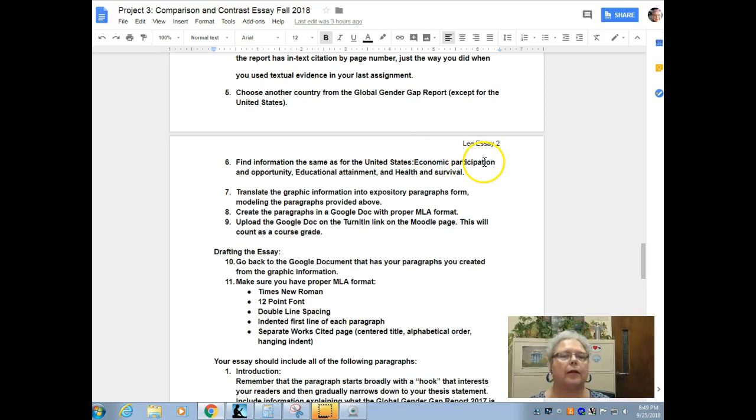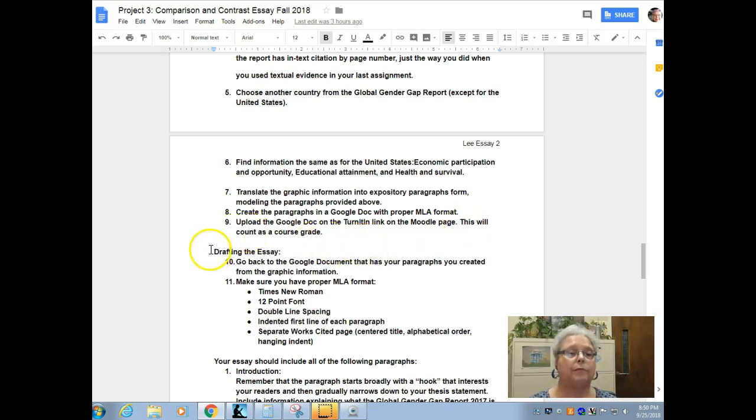You're going to look for economic participation and opportunity, educational attainment, and health and survival. And then you're going to translate the graphic information into expository paragraph form, modeling the paragraphs that I gave you for the United States. Create those paragraphs in a Google Doc with proper MLA format, upload the Google Doc on the Turnitin link, and this will count as a course grade.